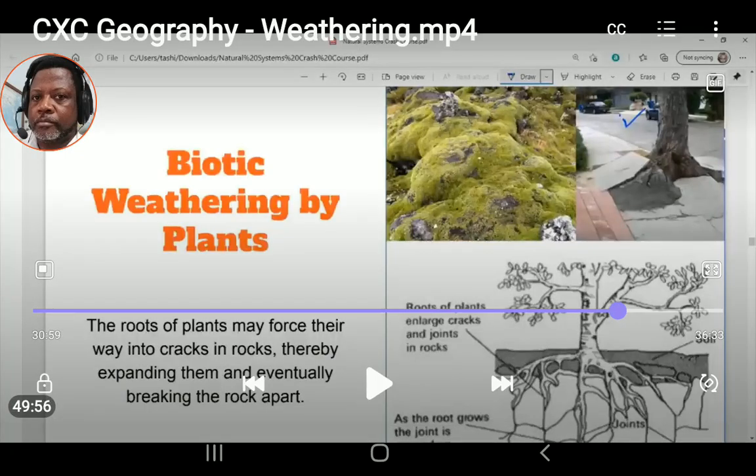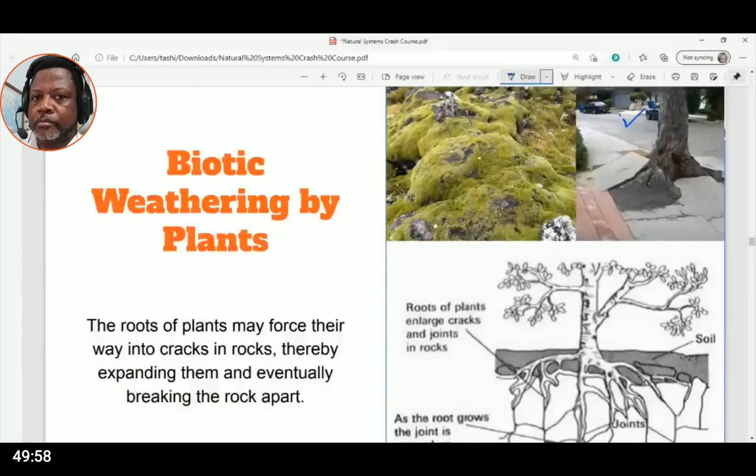Now, the point the teacher here is making with her students online is that biological weathering is a third category of weathering because it involves living things. But you can also fit these biological weathering processes, which are caused by plants, animals and humans, under physical or chemical, depending on what those processes do to the rock.